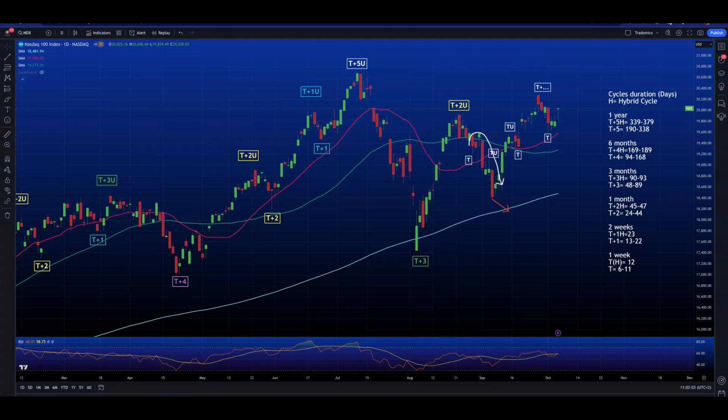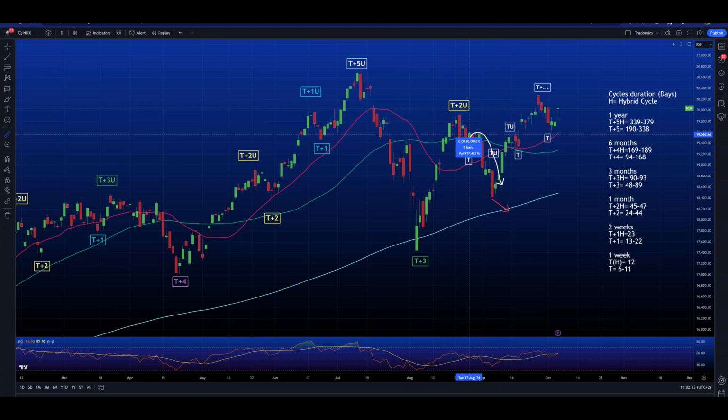Having said that, let's start with Nasdaq 100. According to the last analysis that we issued, we were saying that from this low, there was the development of a T that was turned into a negative cycle, and therefore we could have continued the downtrend until a minimum, medium, and maximum duration.